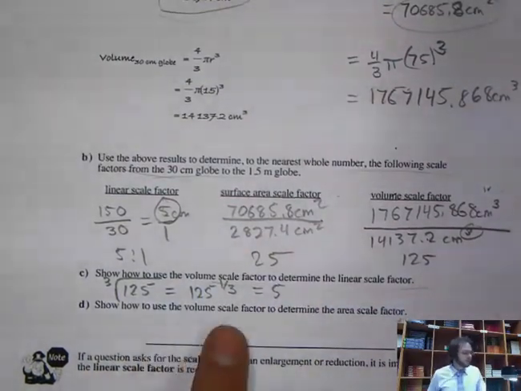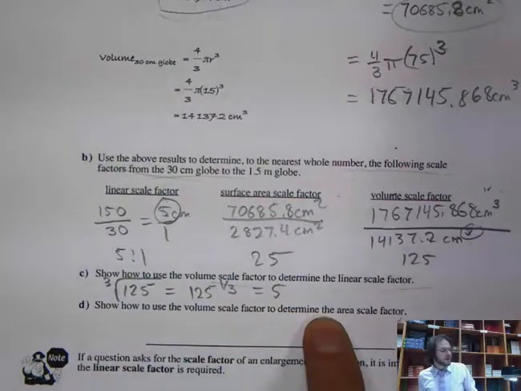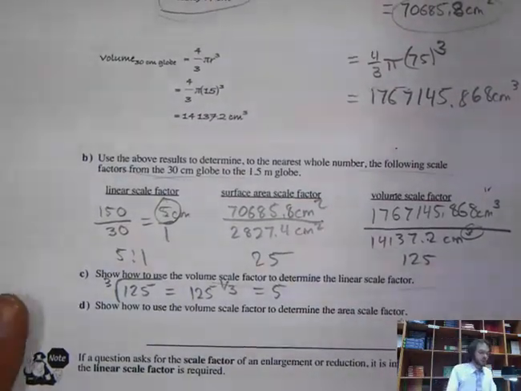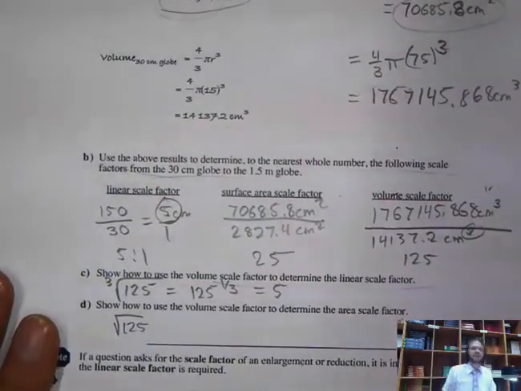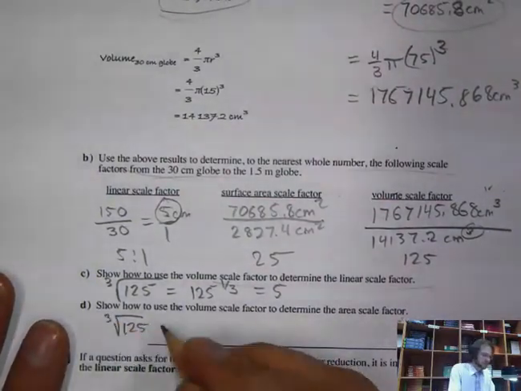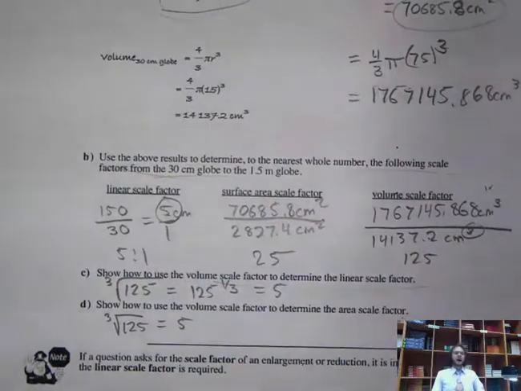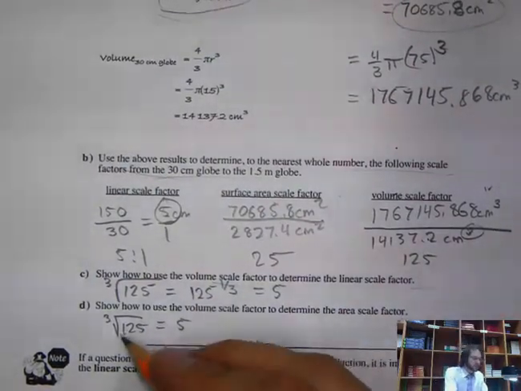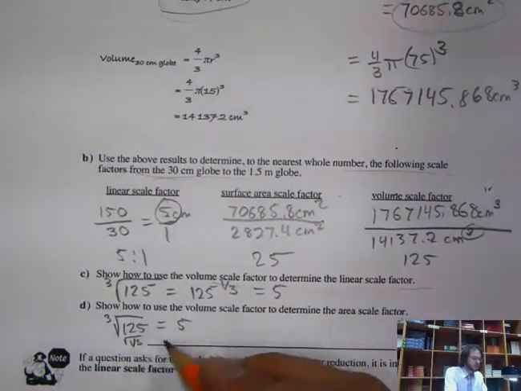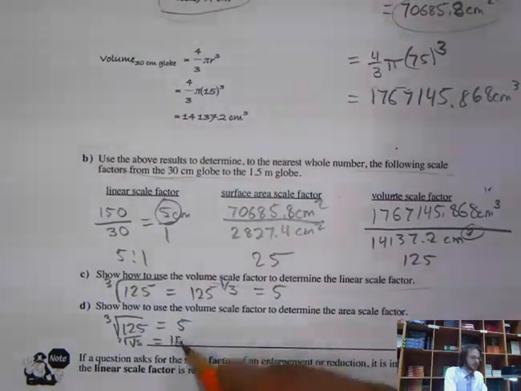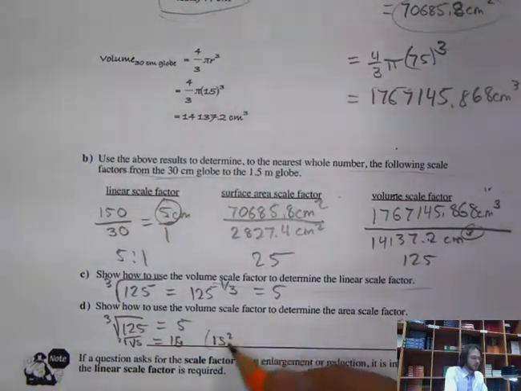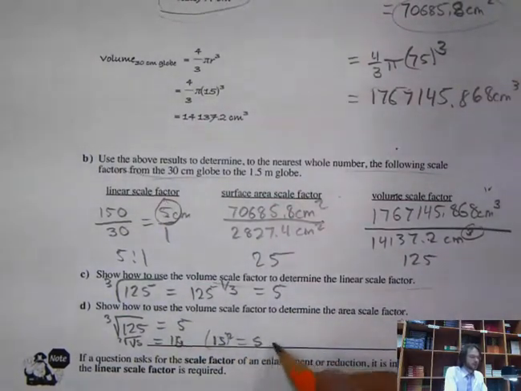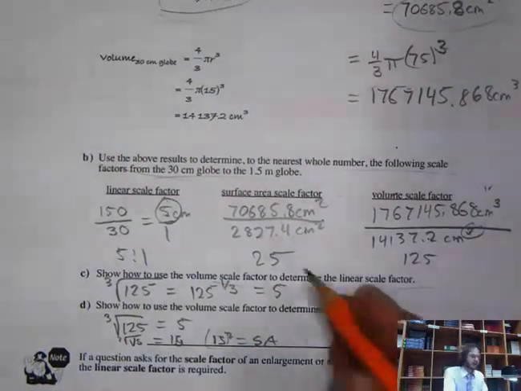Now it says, show how to use the volume scale factor to determine the area scale factor. So first, I'm going to go cube root of 125. I want to find the linear first, which is equal to 5. Because we cube root the volume scale factor to get linear, we must square the linear scale factor to get the area scale factor.